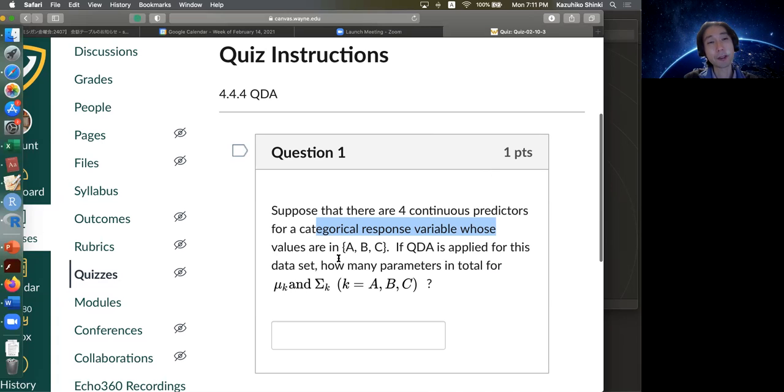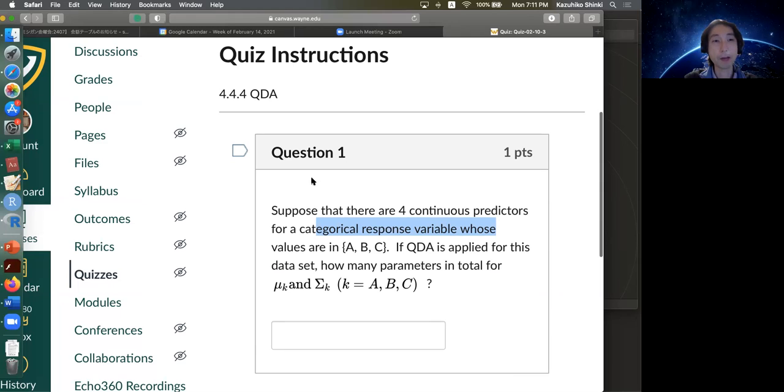But that's a symmetric matrix. The variance-covariance matrix is always symmetric. So the covariance of x1 and x2 is the same as the covariance of x2 and x1. So even though it is 4x4, it's symmetric, so we only have 10 free parameters.